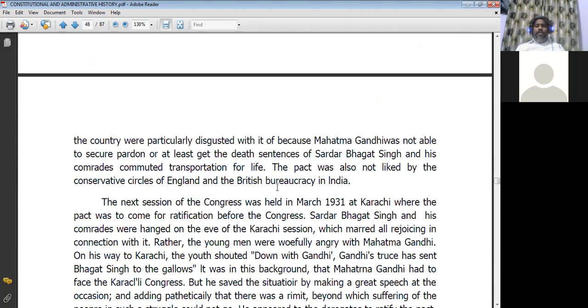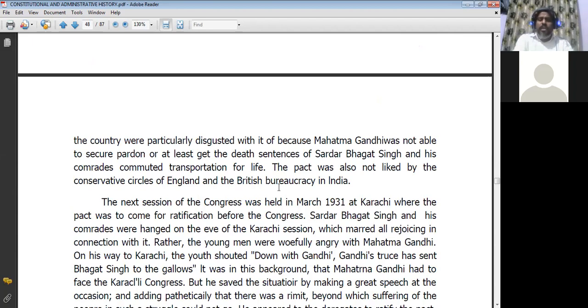The next session of the Congress was held in March 1931 at Karachi, where the pact was to come for ratification before the Congress, and Sardar Bhagat Singh and his comrades were hanged on the eve of the Karachi session.